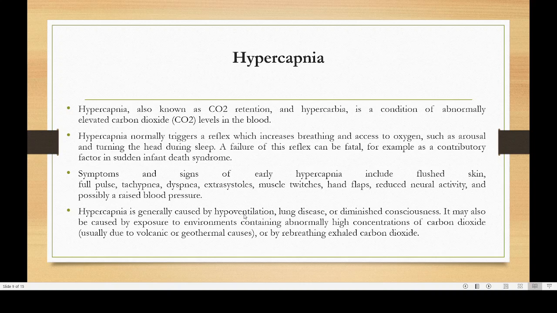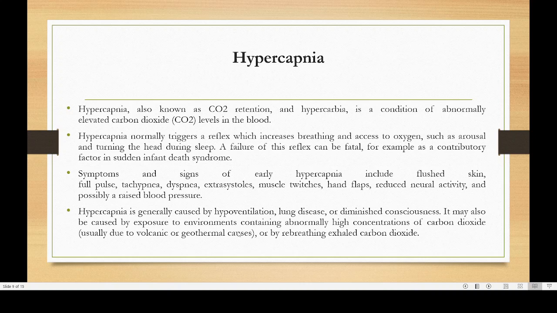Then hypercapnia is generally caused by hypoventilation. Hypoventilation means low or poor ventilation, lung disease or diminished consciousness. It may also be caused by exposure to an environment containing a high concentration of carbon dioxide.